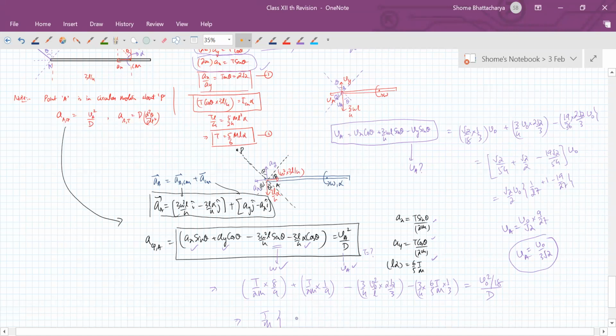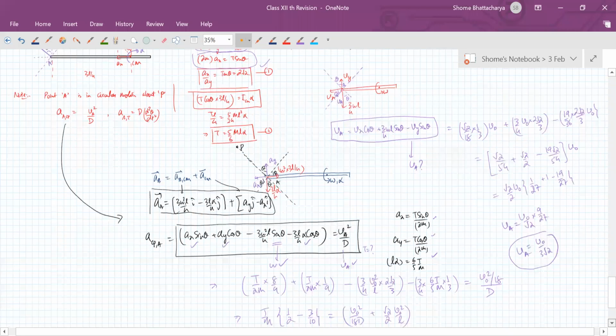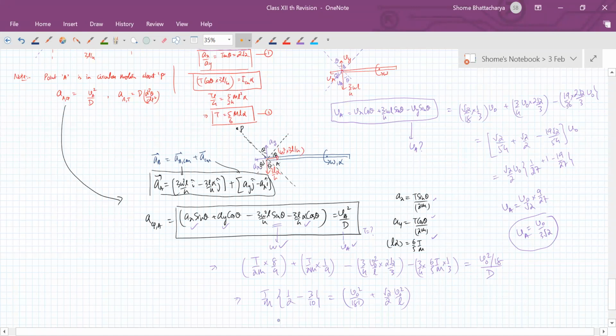So 1 by 2 minus 3 is cancelling out. So this will give us 3 by 10 is equal to V naught square by 18D plus root 2 by 2 V naught square by L. So 0.5 minus 0.3 will give you 0.2.